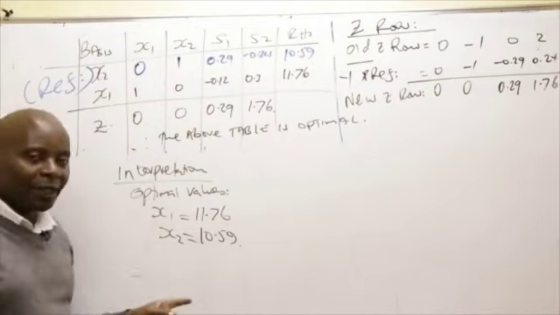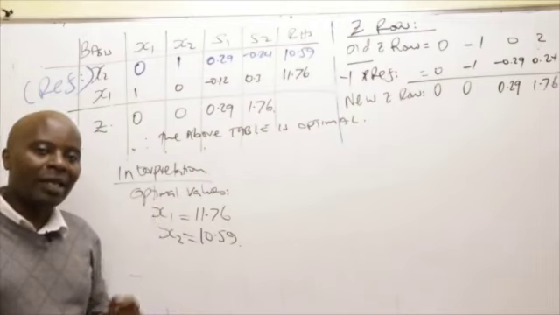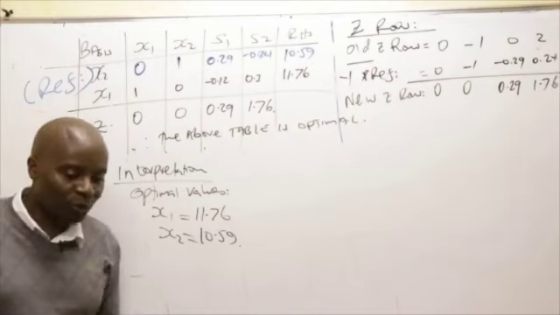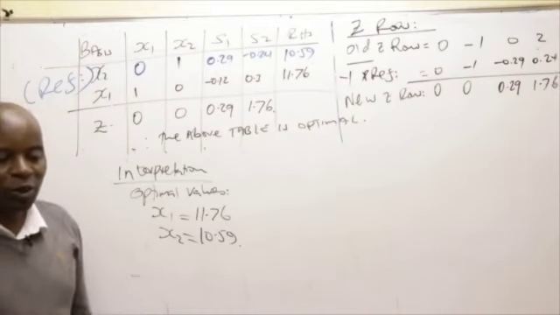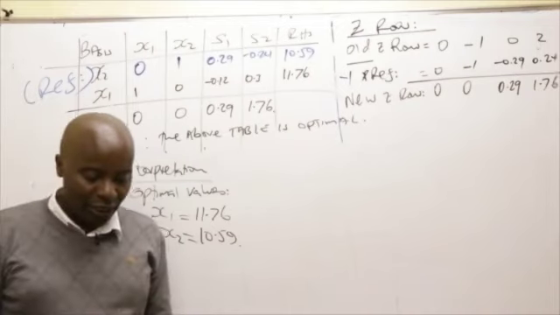When we started, we drew a graph of this. Is there somebody who is able to remember that graph which we drew? Can somebody give us the figures that we got using the graphical solution?